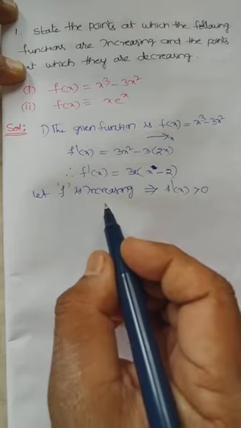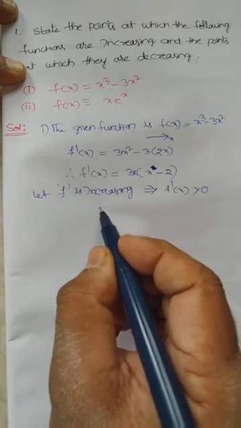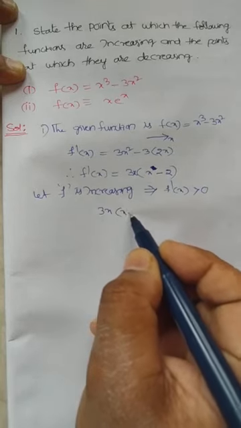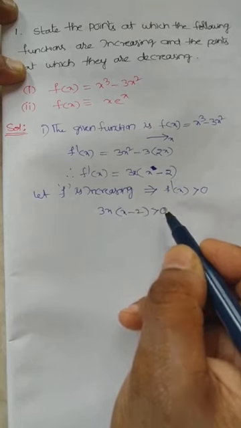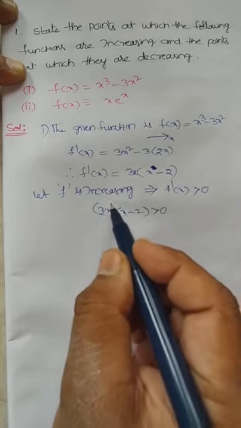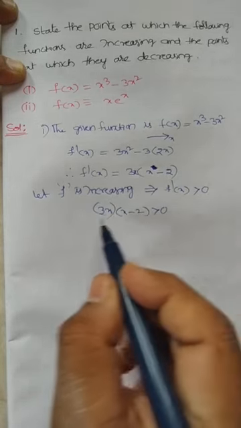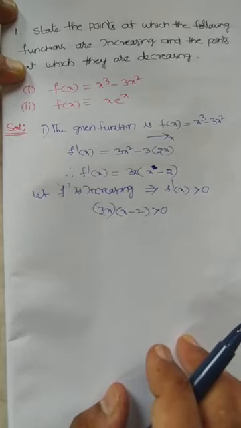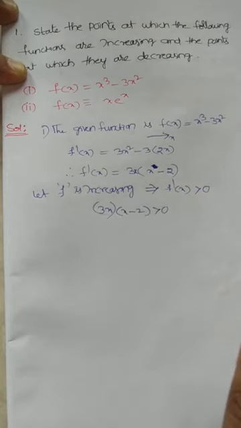What is our f dash of x? 3x into x minus 2 is greater than 0. Whenever this type of relation is there, how are we going to find where x belongs?